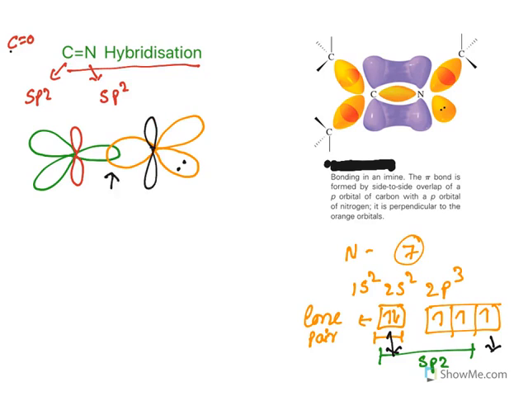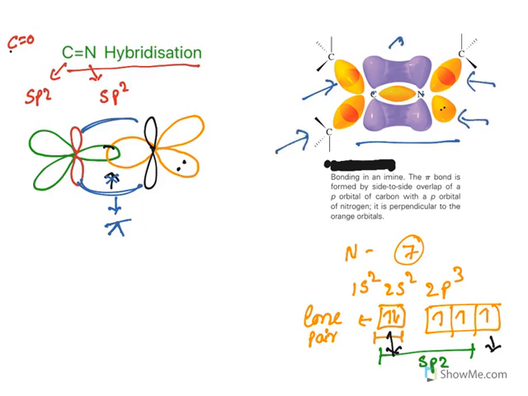So the sp2 hybrid orbitals combine to form sigma bonds, and then the p orbitals combine to form pi bonds. Pi bonds are weaker bonds which are formed by sideways overlap. So the sideways overlap forms a pi bond. This is the orbital picture. You can see carbon and nitrogen with sigma bond forming orbitals. The lone pair is also in an sp2 orbital, whereas this is the pi orbital which forms by sideways overlap. So this is about hybridization in the imine group.